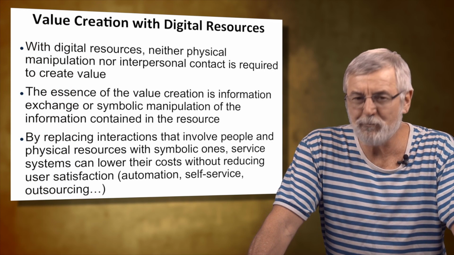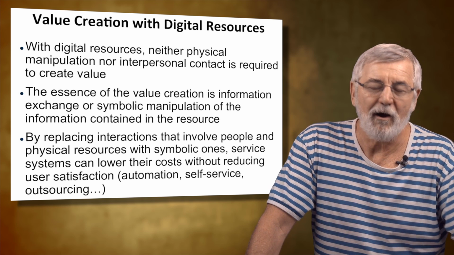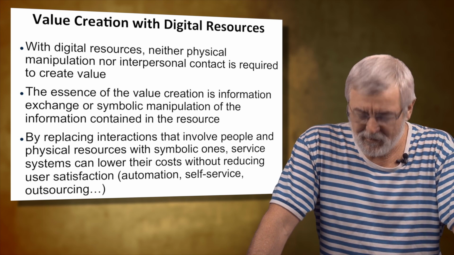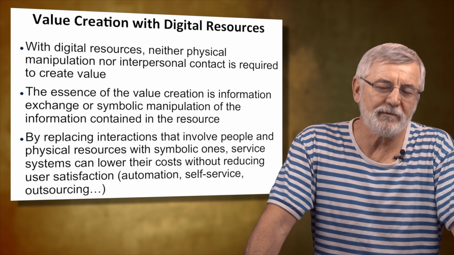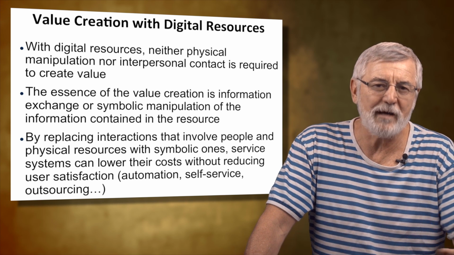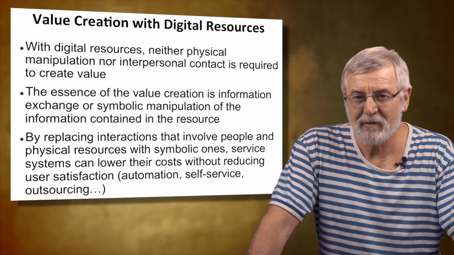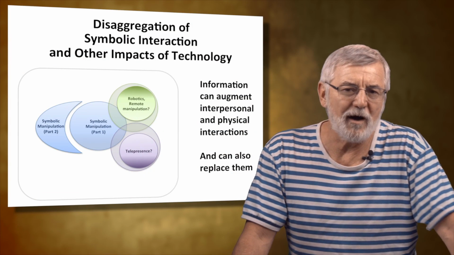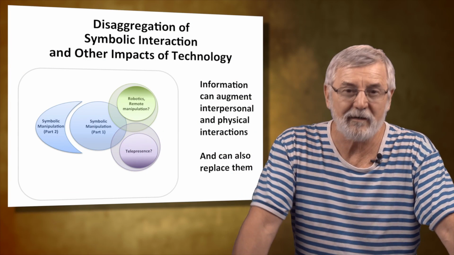And so this is why companies are able to automate or self-serve or outsource to replace interactions that used to involve people and physical resources with these symbolic information exchange interactions. And that is a very common design pattern, to move in that direction of disaggregating these symbolic interactions from the other dimensions.